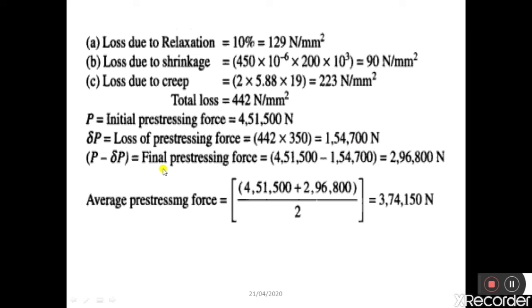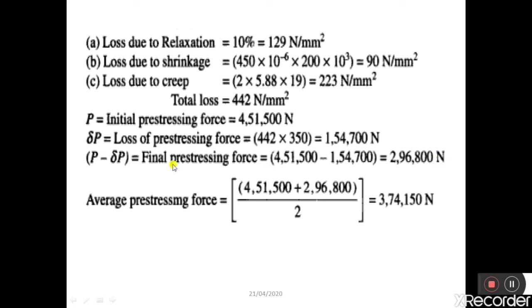So what is the final prestressing force that is available in the cable? Final prestressing force available in the cable is initial prestressing force minus the prestressing force which has been lost due to all these parameters, that is 1,54,700. Therefore, the effective or final prestressing force available in the cable is equal to 2,96,800 Newton.